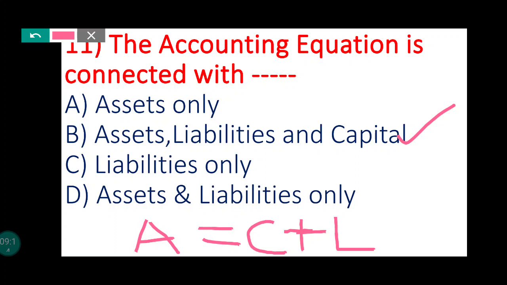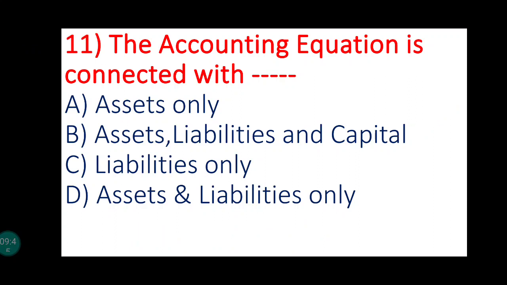Here you can take an example: suppose the amount of capital is 40,000 and liability is 10,000, then asset will be 50,000. So accounting equation is connected with asset, liability and capital. So what is the equation? Assets equal to capital plus liabilities.